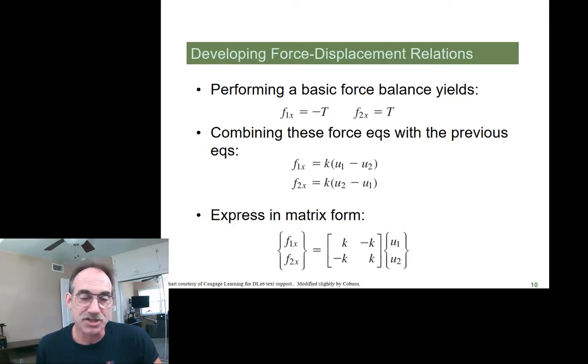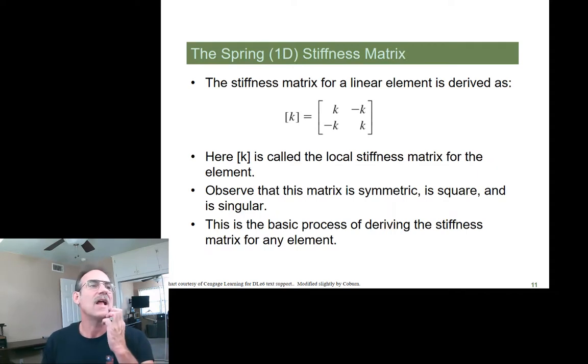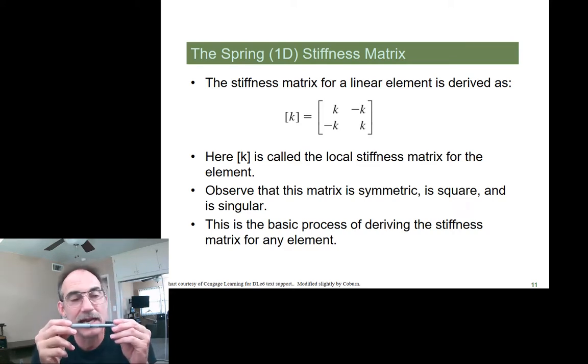That's two separate equations. Both must be fulfilled. If we solve this system of equations, we can solve the system. If we know what our displacements are, we can calculate our elemental forces. If we know what our elemental forces are, we can calculate our displacements. Got that? Okay.